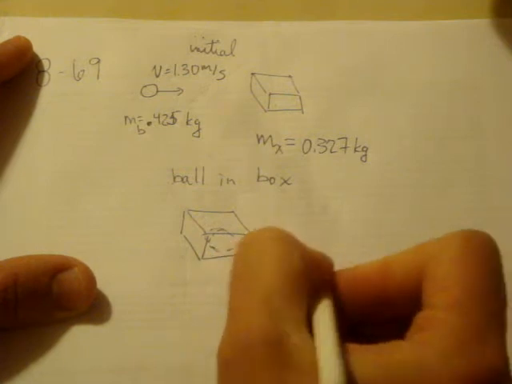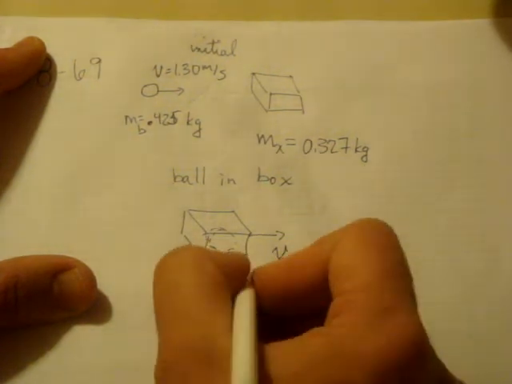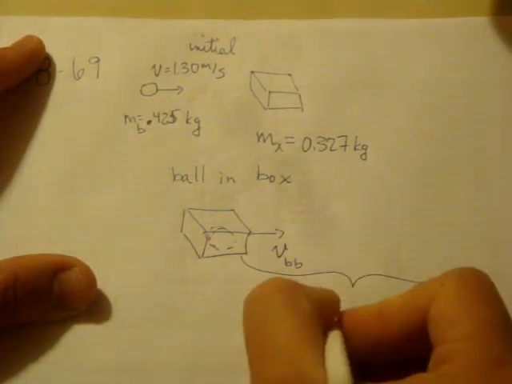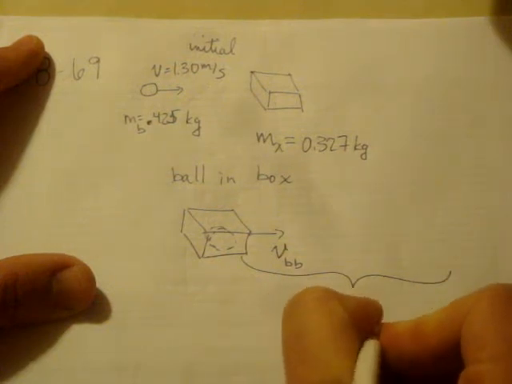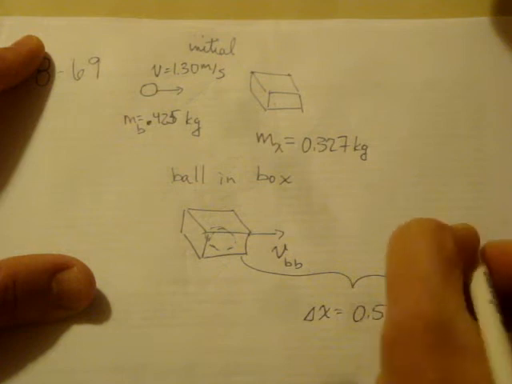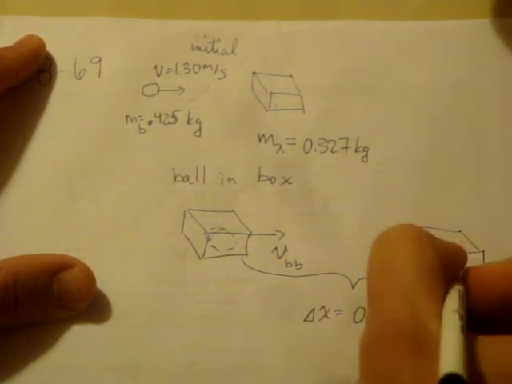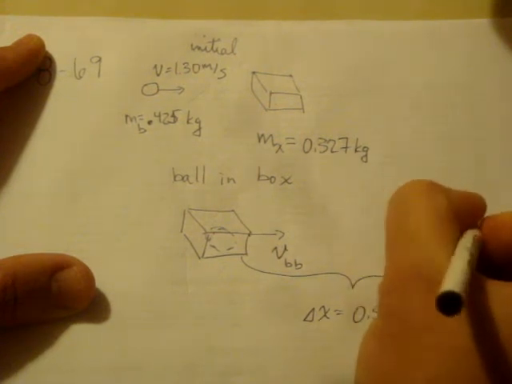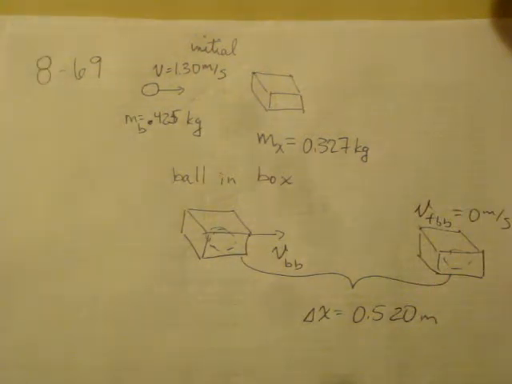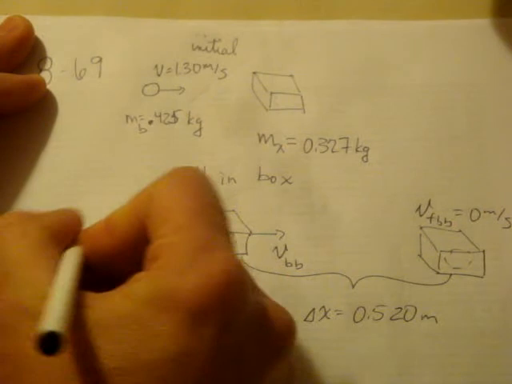Let's call this the BB, ball in box, and it's trucking along, and then it slides a certain distance, 0.520 meters, and then our box with our ball has a final velocity of 0. It stops moving. So the question is, what is the coefficient of kinetic friction?